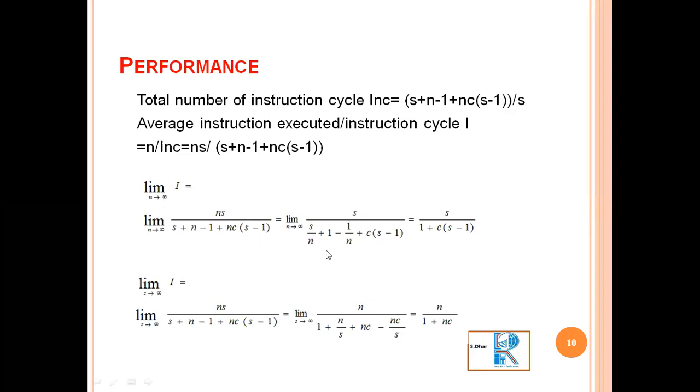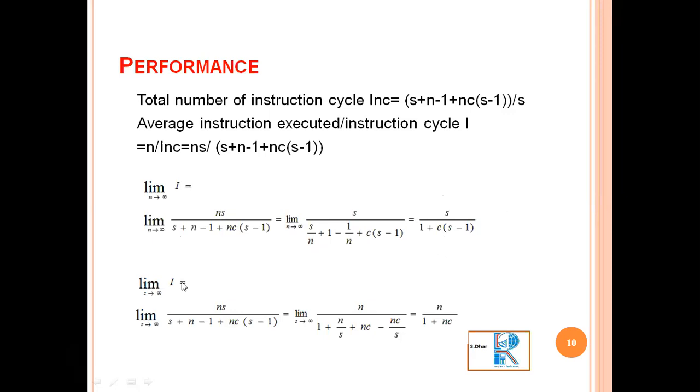So this is s by n plus 1, and as n tends to infinity we get 0 for these terms. The ultimate result is s over 1 plus c into s minus 1. That means if the number of instructions is very high, this is the maximum speed up we can get for a system.